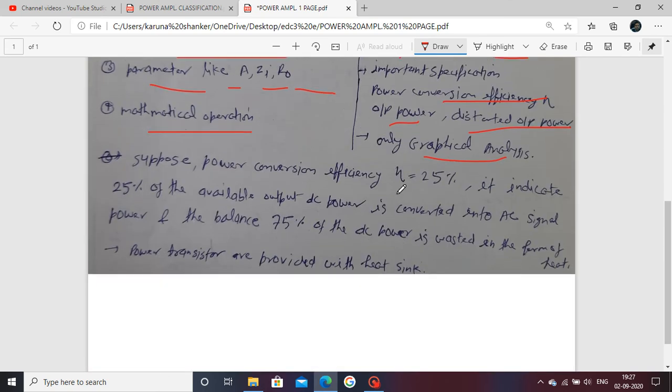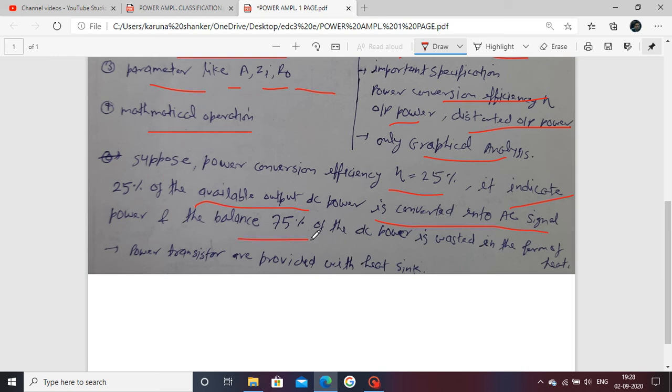Suppose the efficiency is 25%. This means that only 25% of the available output DC power is converted by the amplifier into AC signal power.